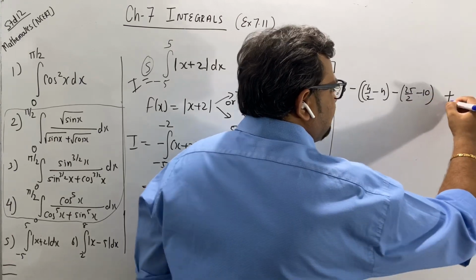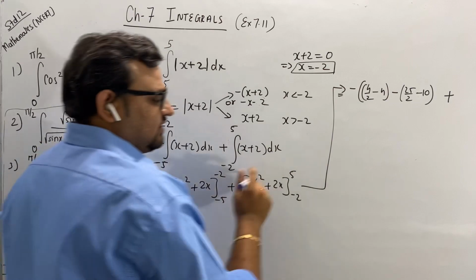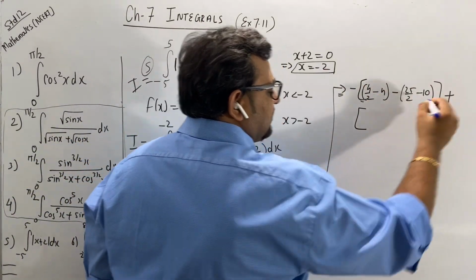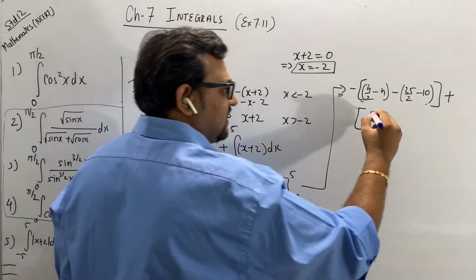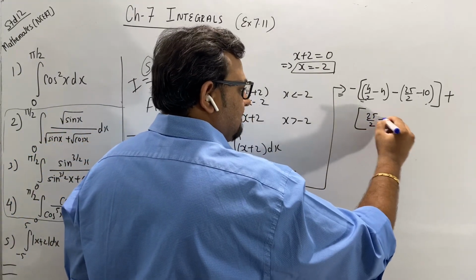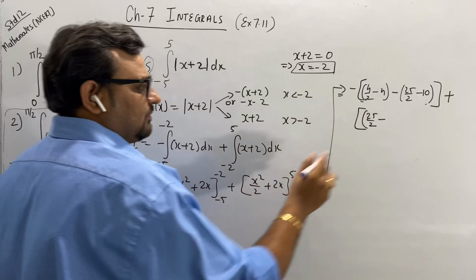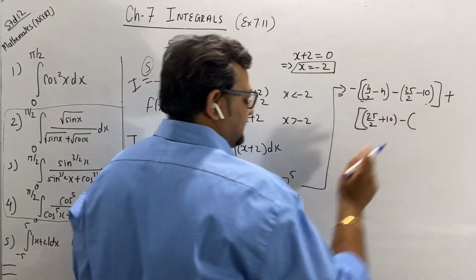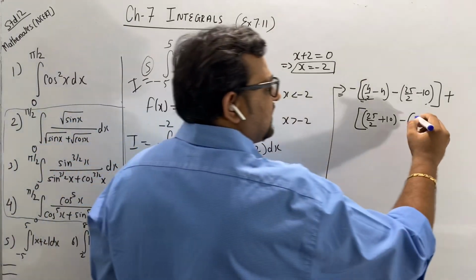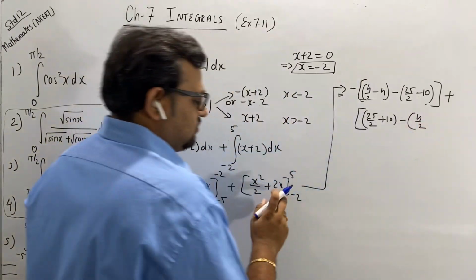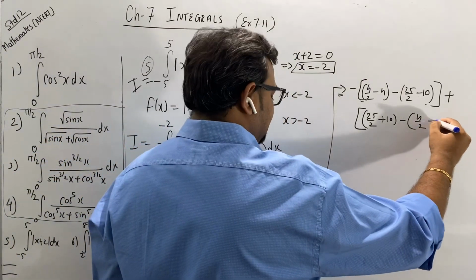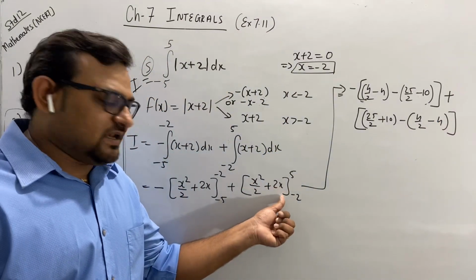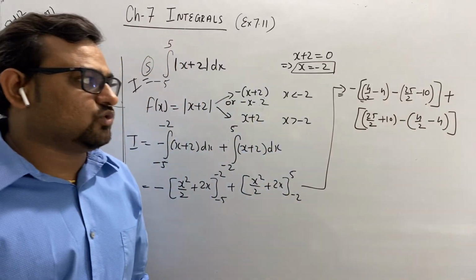Clear? Plus. Now this way, let's make this a bracket. Okay. 5 square, 25 by 2, plus 5 into 2, 10, minus minus 2 square, 4 by 2, minus plus, and it's minus minus 4, right? Minus 2 into 2 is minus 4, and plus, so it's minus 4.